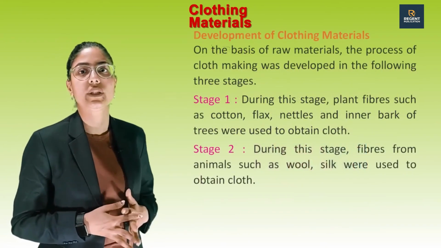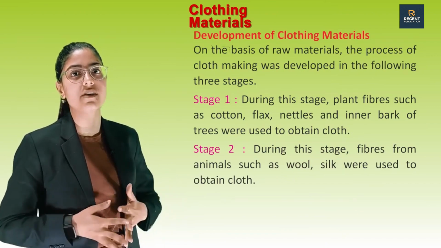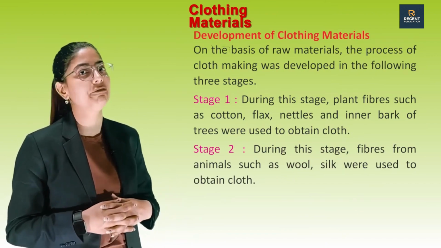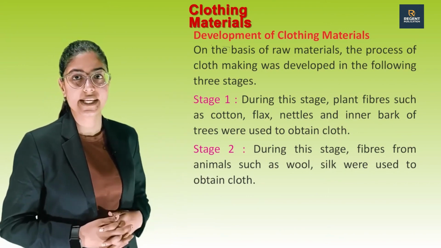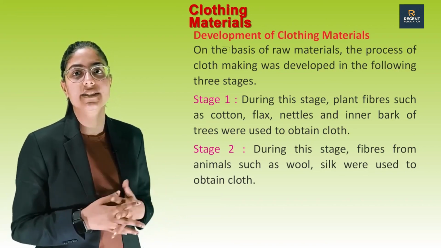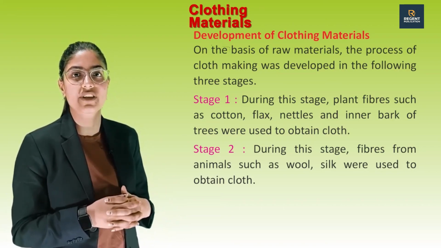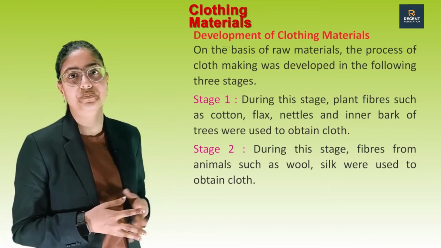Development of clothing materials. On the basis of raw materials, the process of cloth making was developed in the following three stages. Stage one. During this stage, plant fibers such as cotton, flax, nettles and inner bark of trees were used to obtain cloth. Stage two.